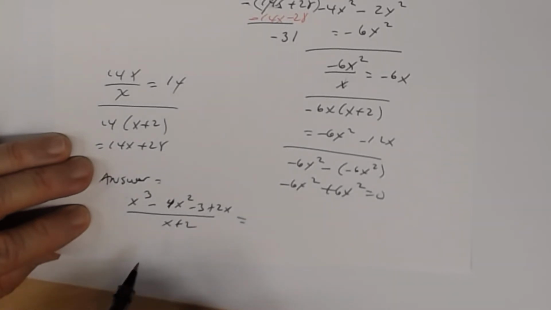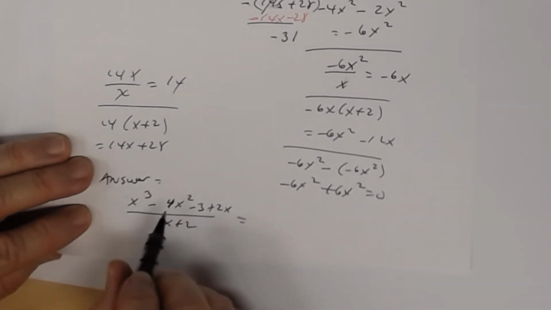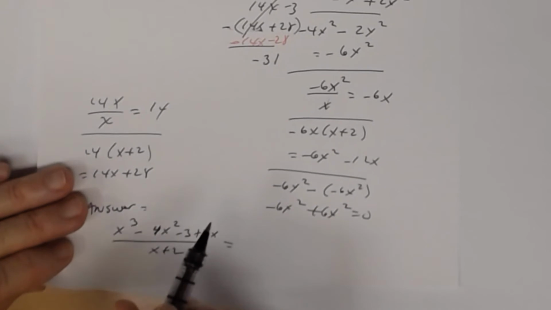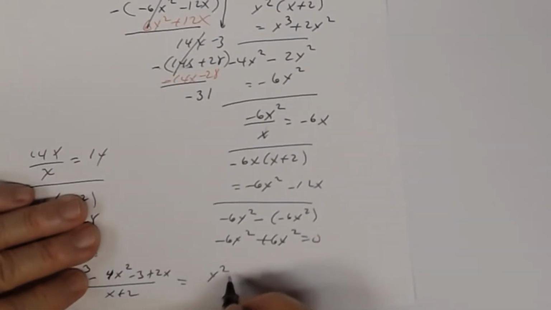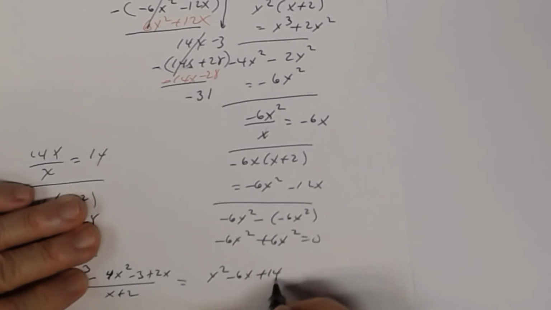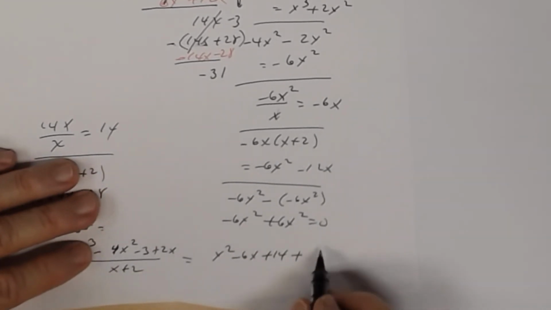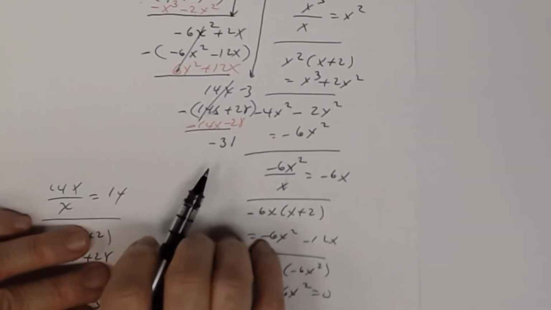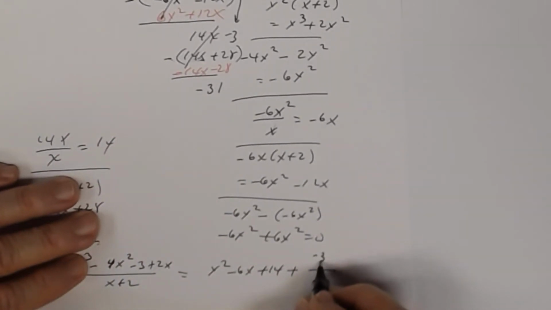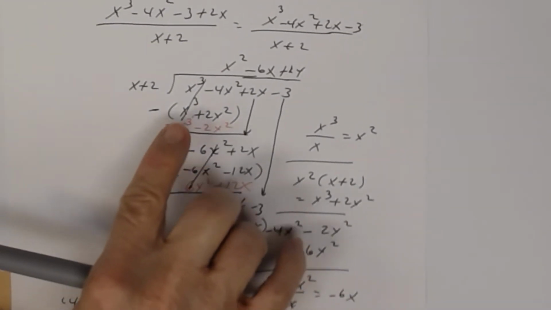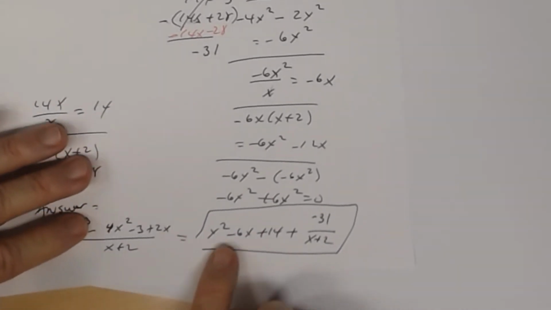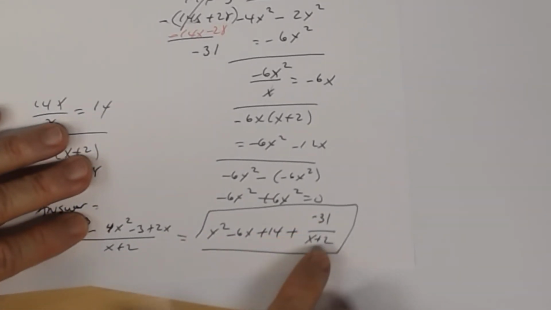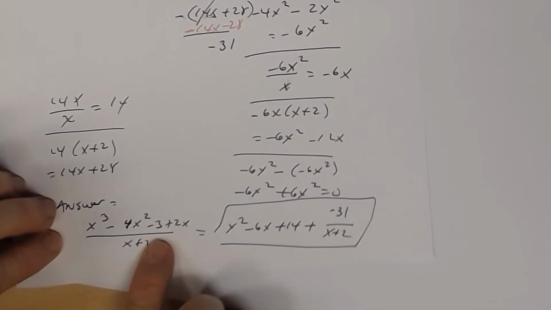When we divide these two polynomials, you get the quotient, which is x squared minus 6x plus 14, plus the remainder, which is negative 31, divided by the divisor, which is x plus 2.